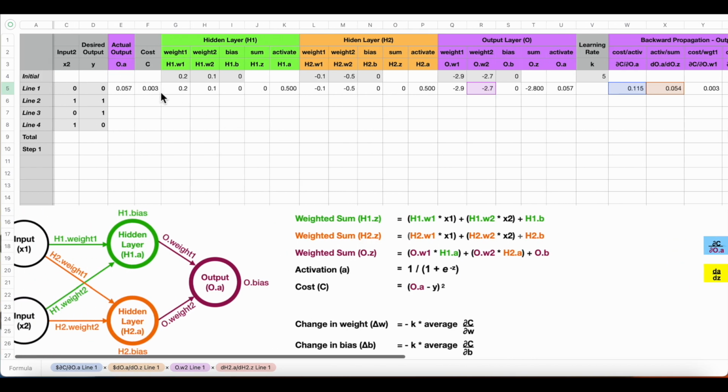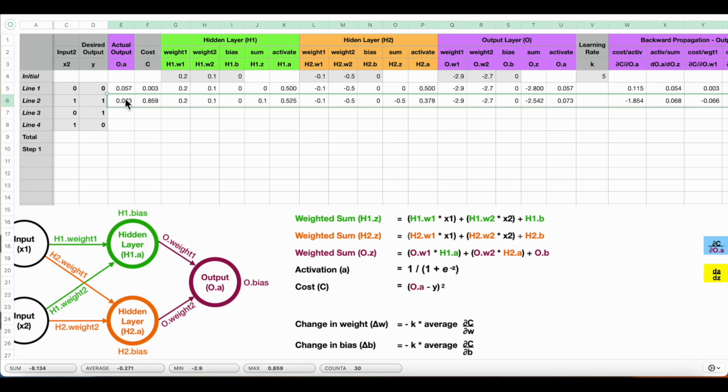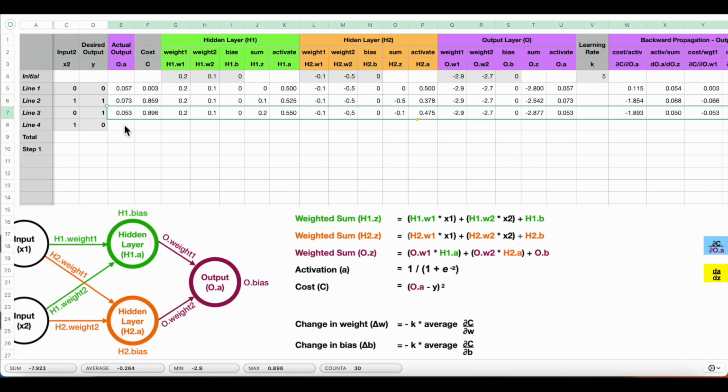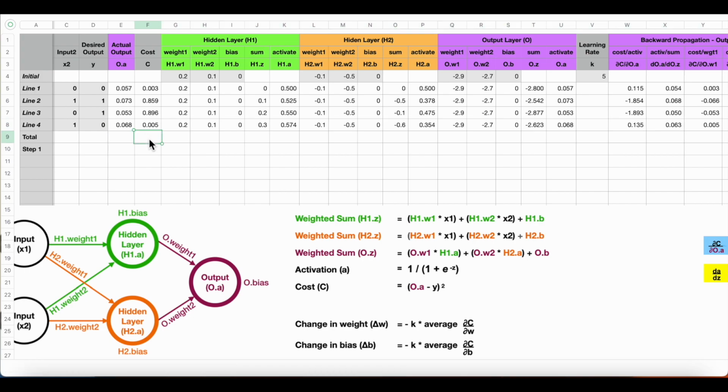All right, I can take this line and copy and paste it. And then I want to do the sum of the cost.